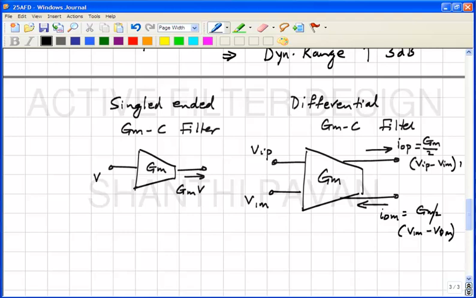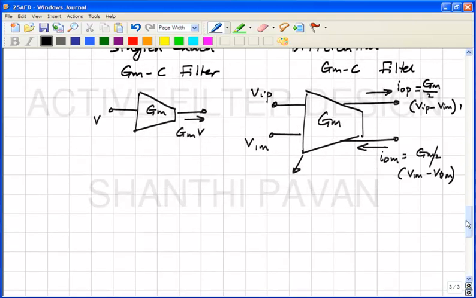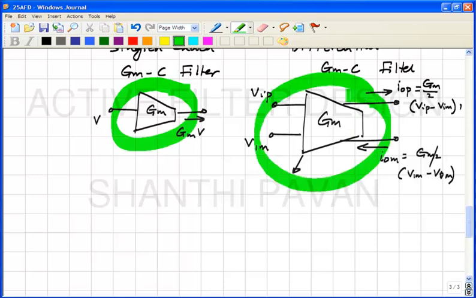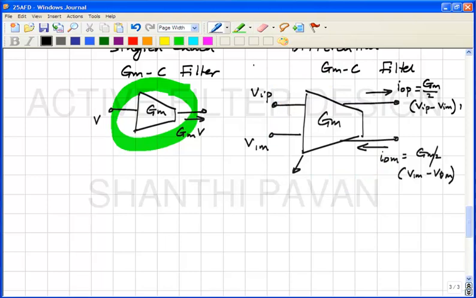One very straightforward way of realizing this is to do what? If you had only elements like this, how will you realize this? One way to do this, come on, think, what can you do to realize this?